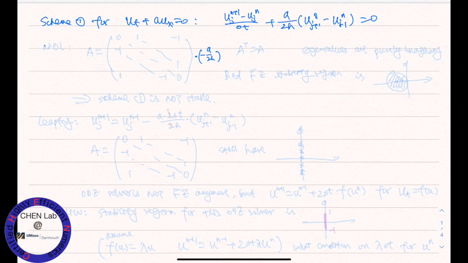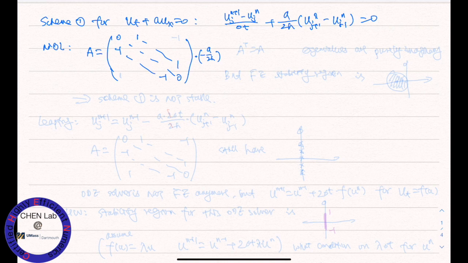And we did the method of lines, and we concluded the matrix A has 0 on the main diagonal, and 1 here, and negative 1 here.